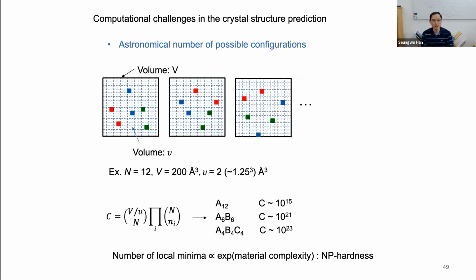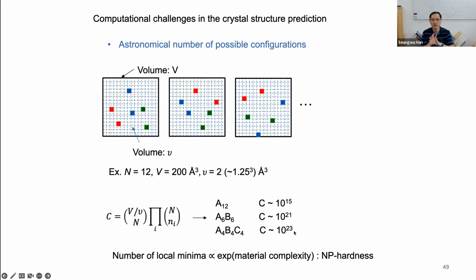The problem is that the number of configurations that you explore in the computation space is astronomically huge. For a very typical system, the number of possible configurations is usually 10 to the 15, 21, 23.